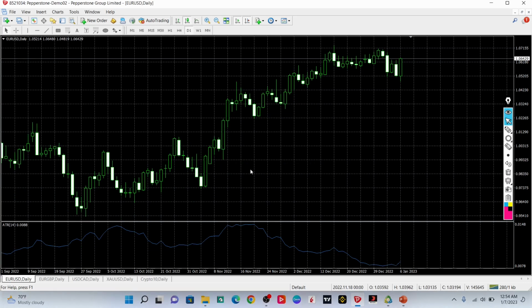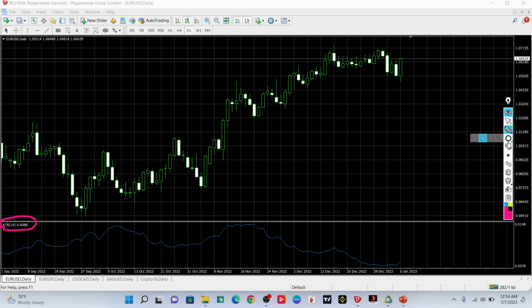Okay, so when you click on OK, you get a pop-up window right down here, and this window is showing us what the ATR is doing. But what we need is this digit here, what it is reading. It is reading 0.0088, and then we shall be calculating that as 88 pips.